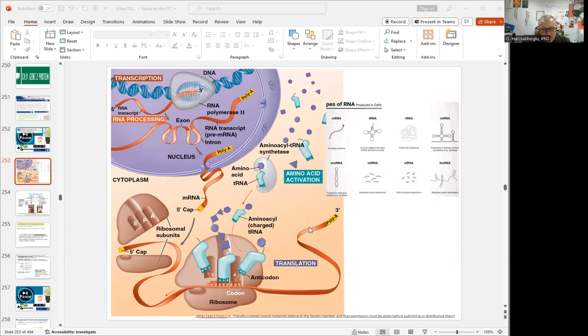Eventually, at the end of the process of translation, what you see here is the phenotype. Remember our formula: phenotype equals genotype times environment. Genotype is your DNA, but phenotype is your final protein in this case. It's just the physical trait which arises from the action of these proteins.